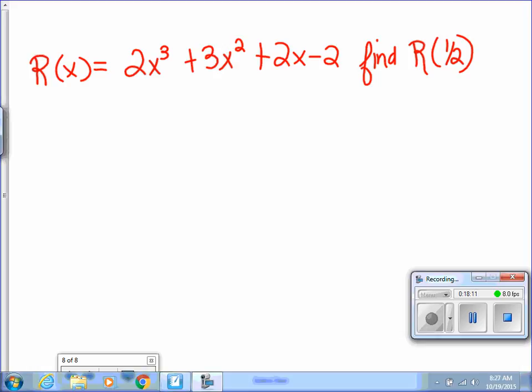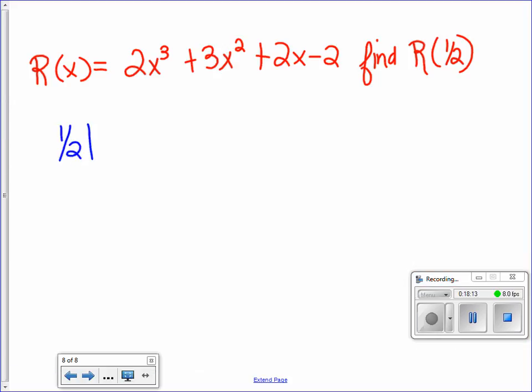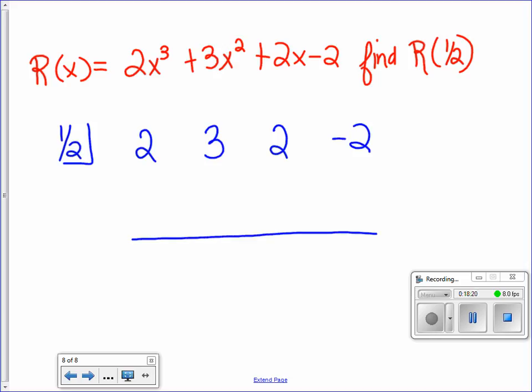Alright, I'm going to put 1/2 here. 2, 3, 2, negative 2. 2 comes straight down, with half of 2. So 3 plus 1 is 4. Oh, look at that.